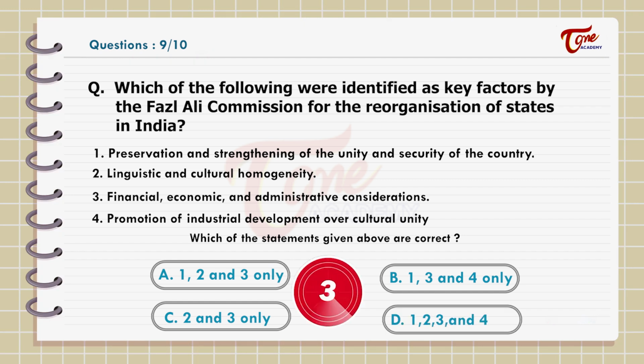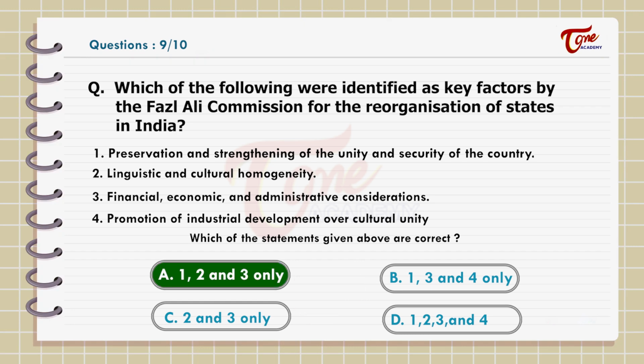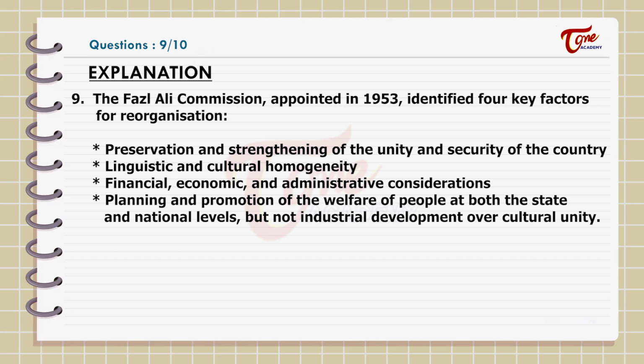Correct answer is option A. The Fazl Ali Commission, appointed in 1953, identified 4 key factors for reorganization: preservation and strengthening of the unity and security of the country, linguistic and cultural homogeneity, financial, economic and administrative considerations, planning and promotion of the welfare of people at both the state and national levels, but not industrial development over cultural unity.